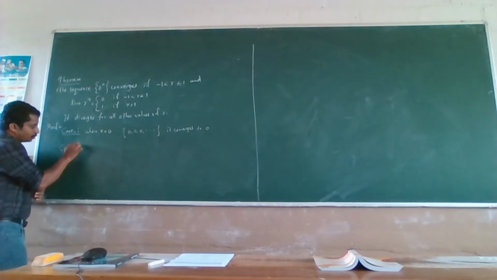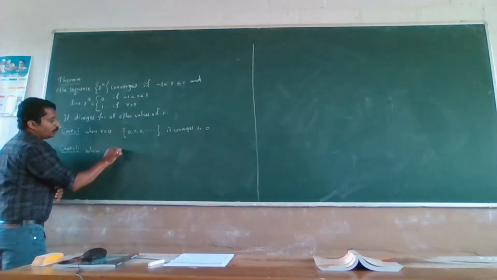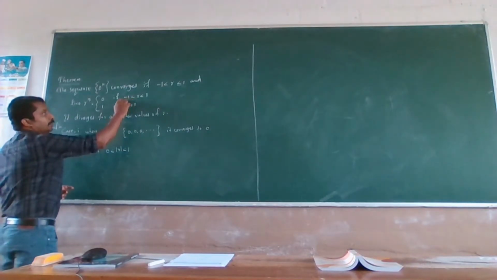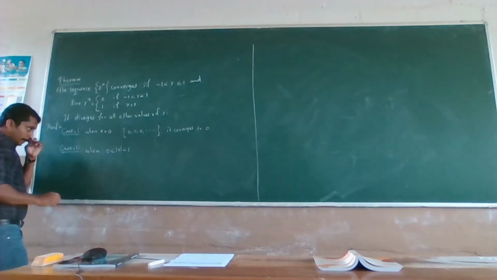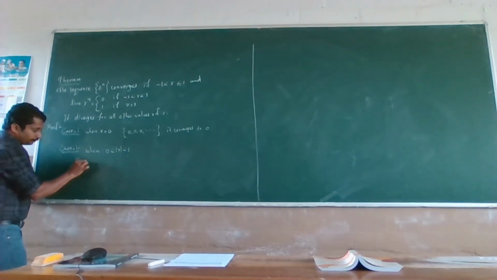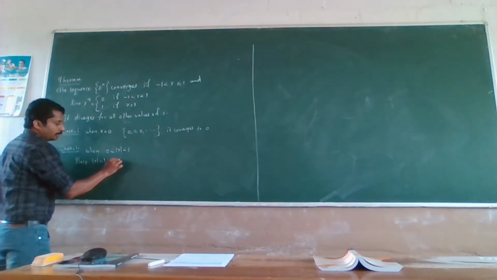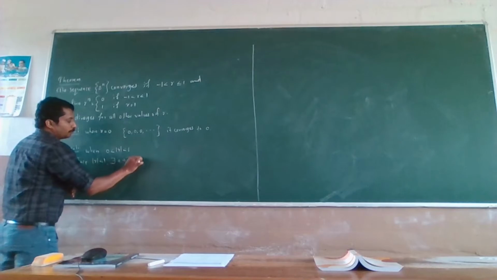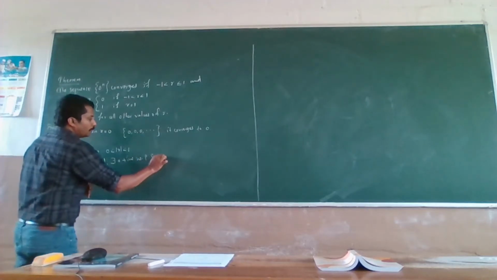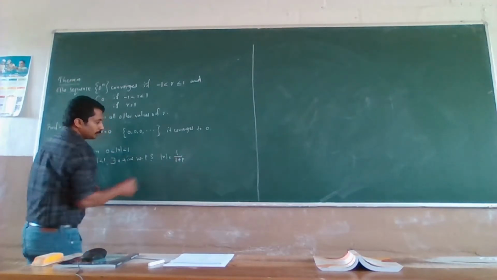The second case is when 0 less than mod r less than 1, that is, -1 less than r less than 1. Since mod r is less than 1, there exists a positive number p such that mod r is equal to 1 divided by 1 plus p.